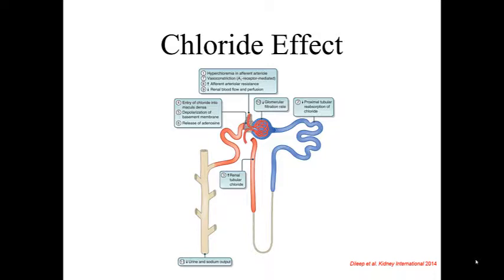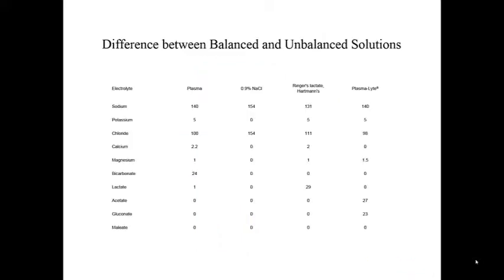That will be taken up by the macula densa with the basement membrane, causing depolarization there and an increase in adenosine, which results in further vasoconstriction, AKI, and a decrease in urine output. That's the proposed mechanism we have at this point, but we do not have any evidence of how they cause mortality.